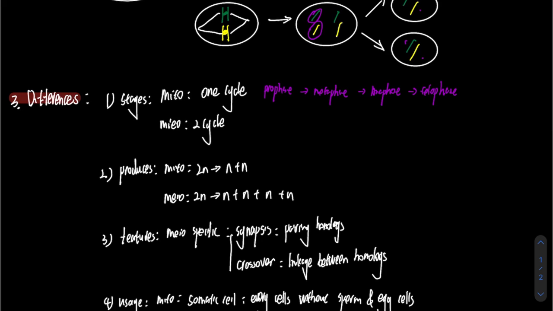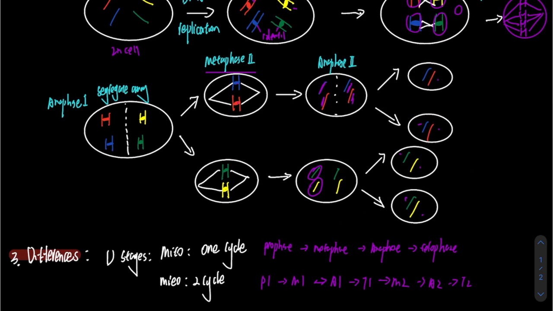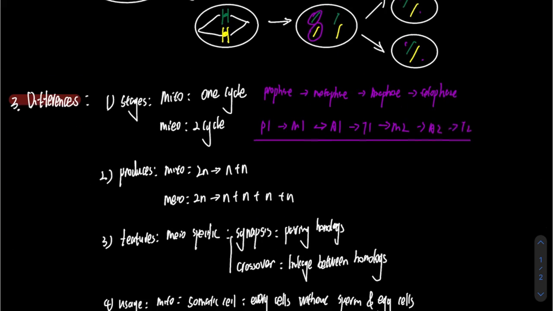And for meiosis, they are like prophase 1, metaphase 1, anaphase 1, telophase 1, and then go to meiosis 2, anaphase 2, and telophase 2. And for my picture, I didn't include every single part of the process because it would be super confusing.